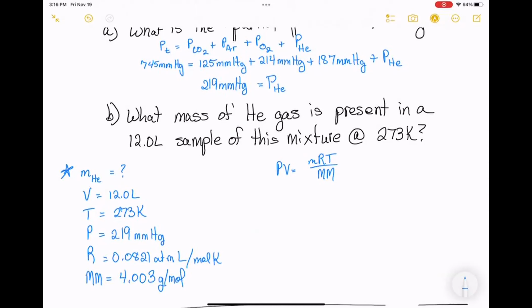I make sure all of my units match, and right off the bat, I see that they don't. I've got to convert the millimeters of mercury into atmospheres by dividing by 760. And so we have 0.288 atmospheres.